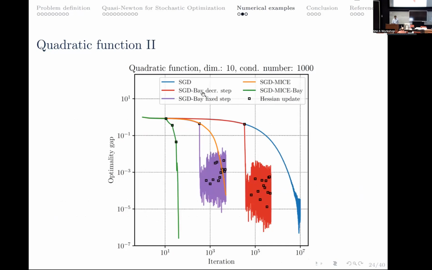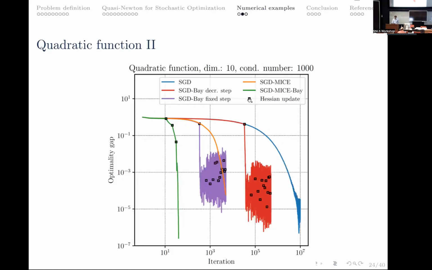Now for the cases where we are preconditioning by our Bayesian quasi-Newton method, we denote here this Bay in the name. In red, we have the case where we precondition SGD with our Bayesian matrix, and we can see that the updates are denoted here by this black square.